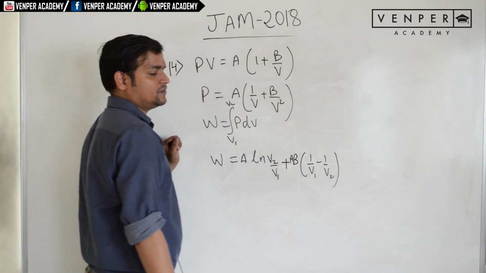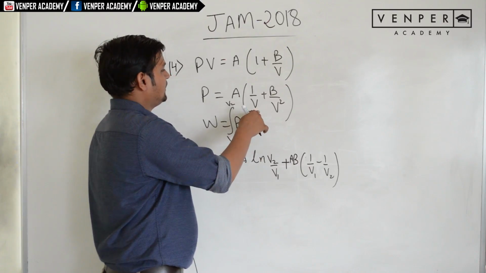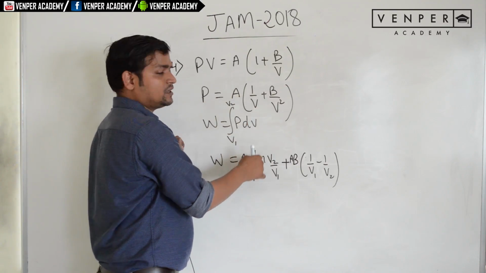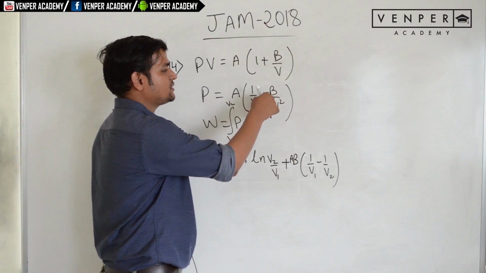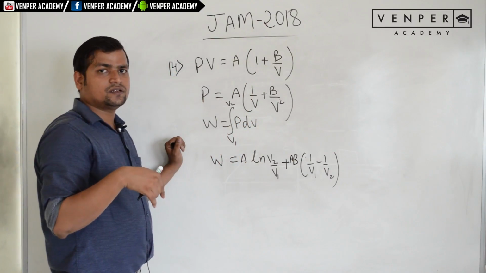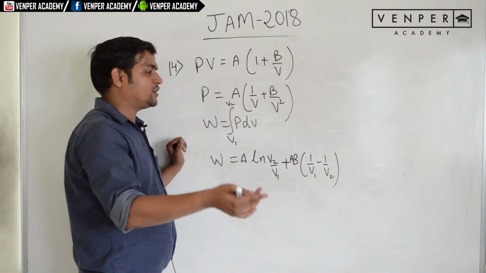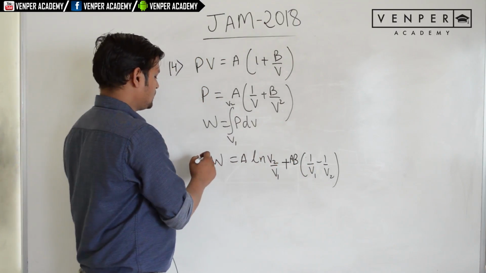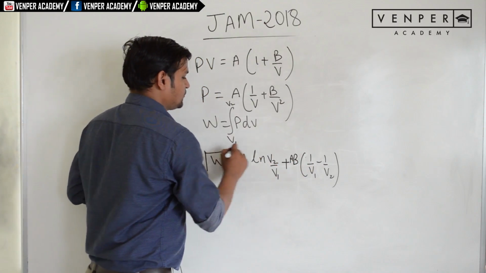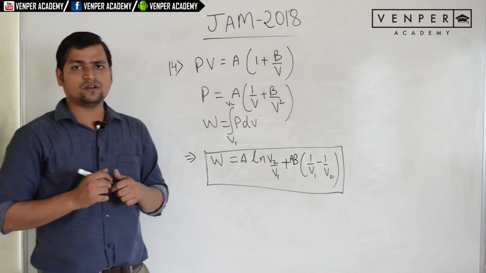Integration of 1 upon V is ln V, put the limits. Next, integration of 1 upon V square is minus 1 upon V, and after putting the limits you will get 1 upon V1 minus 1 upon V2. So this is the correct answer for the work done in question number 14.